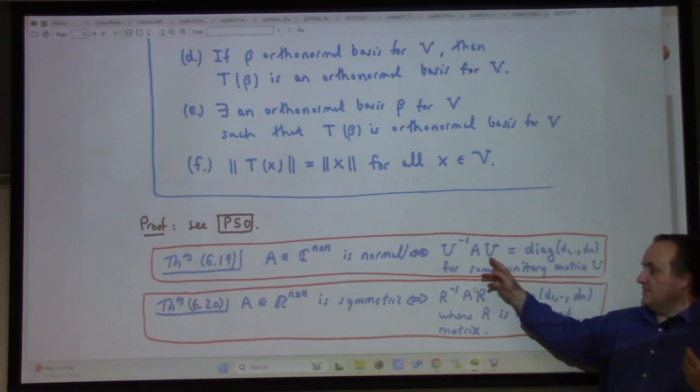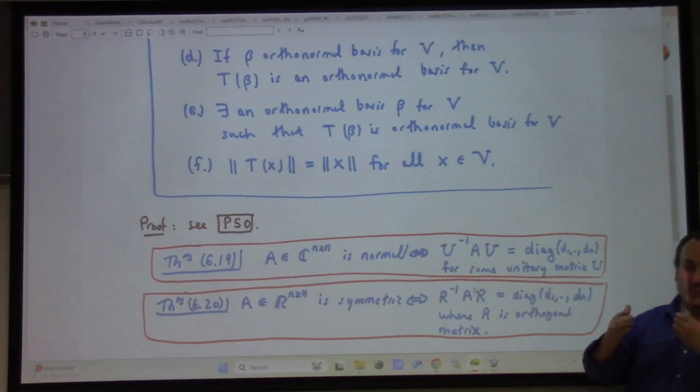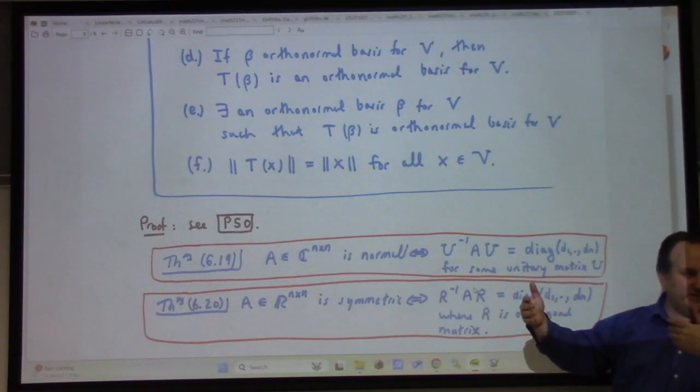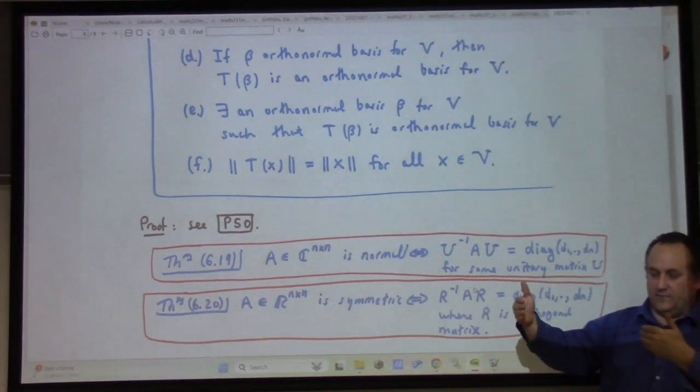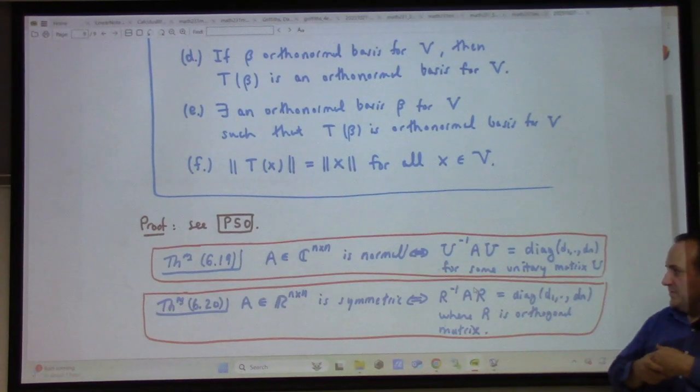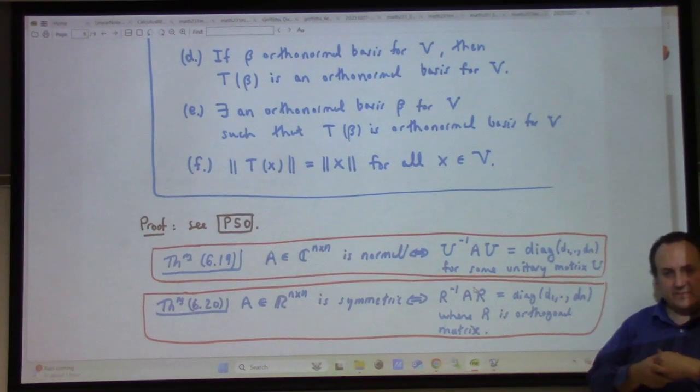And the way you make a unitary matrix actually is you take an orthonormal basis and just concatenate them. If we're talking about Cn, if you stack orthonormal complex n-vectors together into a matrix, if my memory serves me correctly, that makes a unitary matrix.